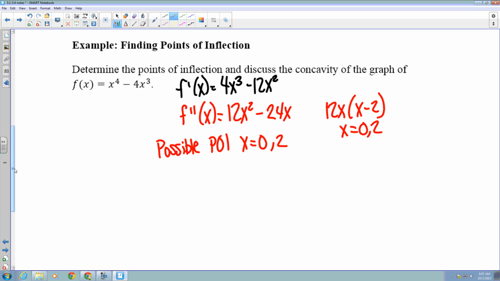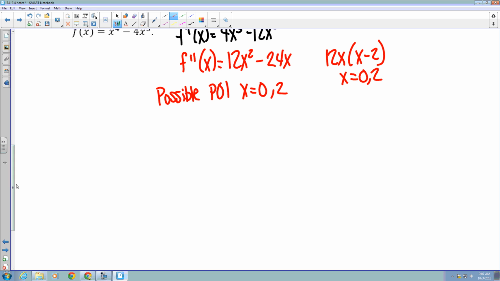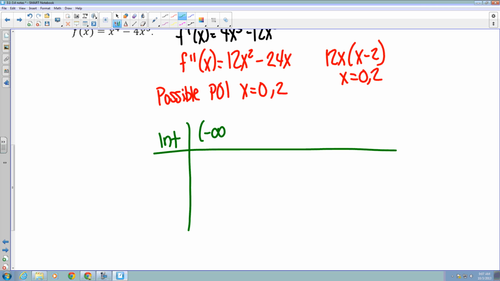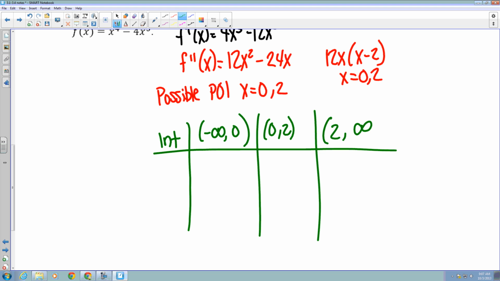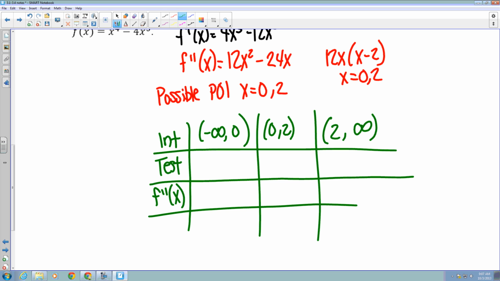We need to test them. We can't say for sure that they are points of inflection until we're done making our chart. So we're going from negative infinity to 0, 0 to 2, and 2 to infinity. Picking a test point, we are testing it in the double derivative and coming to a conclusion.